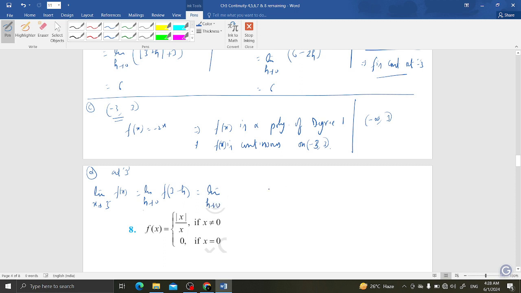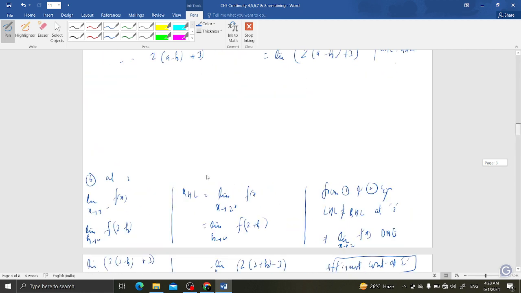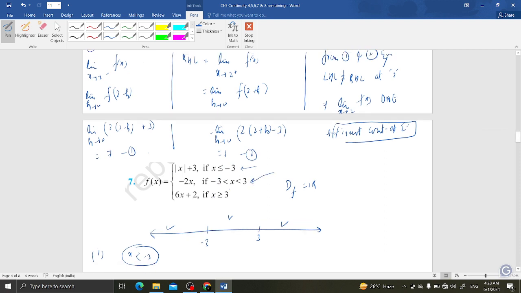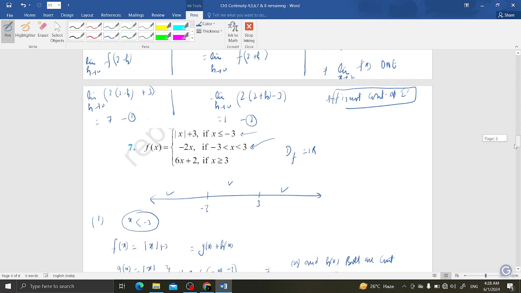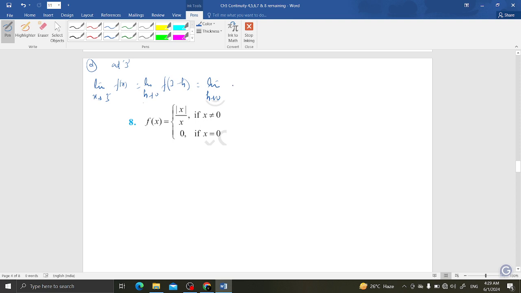For this 3 minus h, the function lies in the piece minus 2x. So minus 2x means minus 2 times (3 minus h), and you apply the limit, we get minus 6. So LHL is minus 6, we can observe easily.